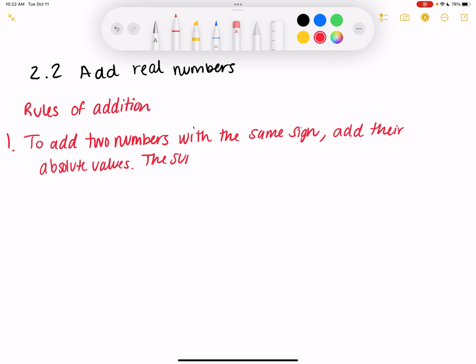The sum has the same sign as the numbers added.